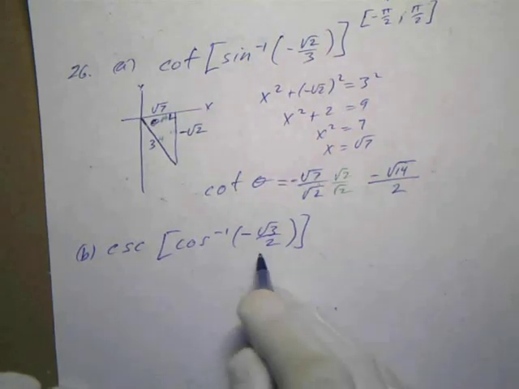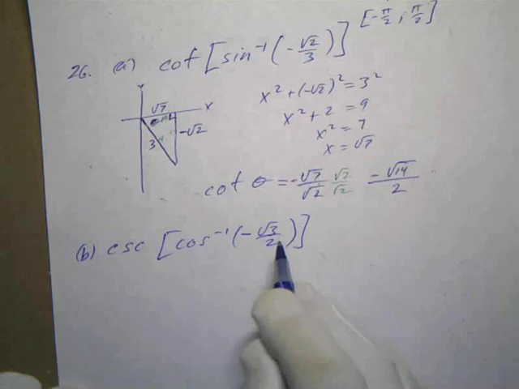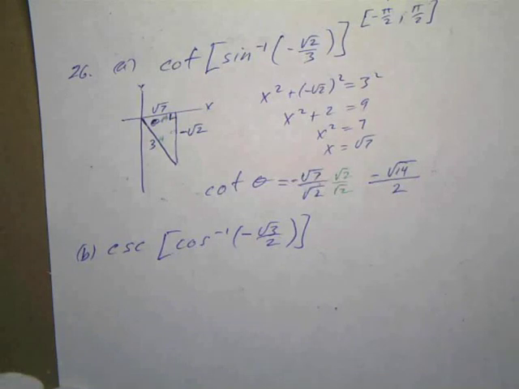Now we could kind of figure this out. It looks like it'd be a pi over 6. It's going to be in the second quadrant, so it's probably going to be 5 pi over 6, because it's negative and cosine is going to be in the first or second quadrant.